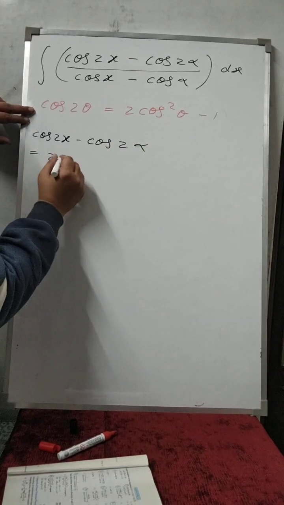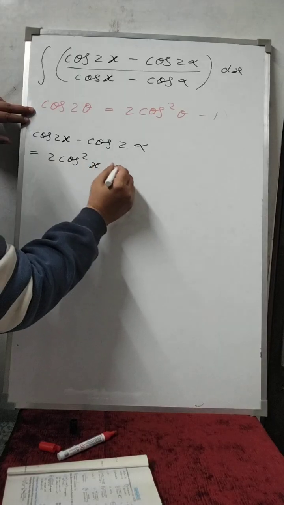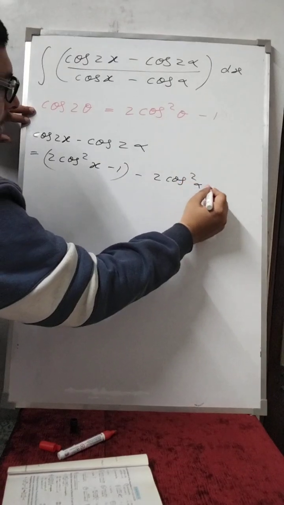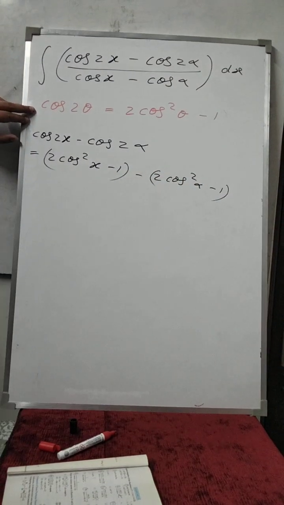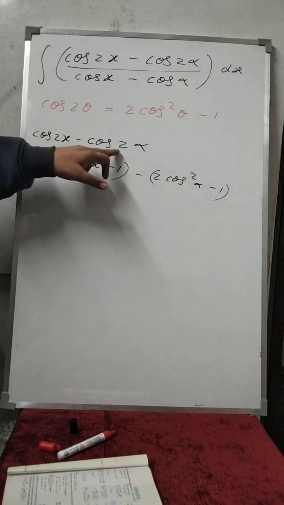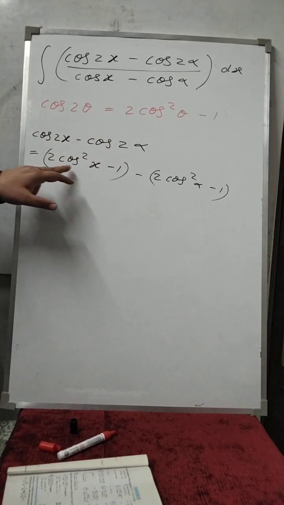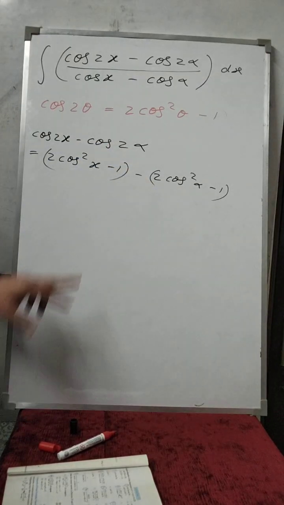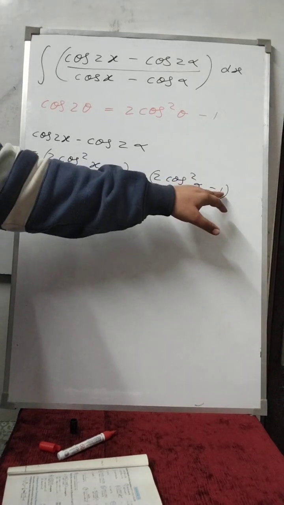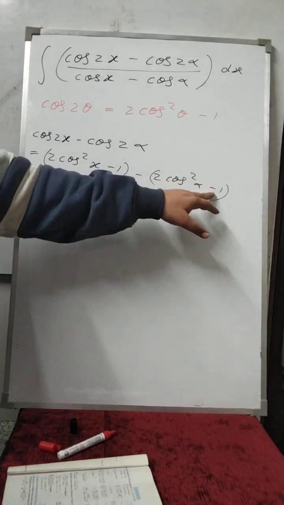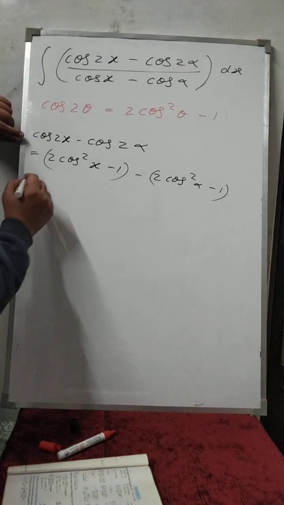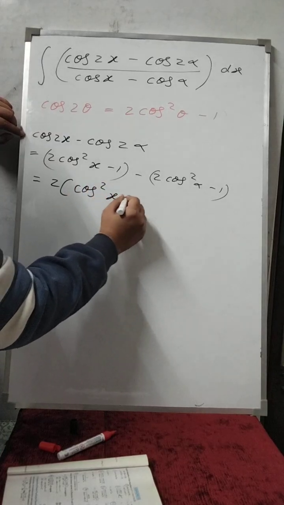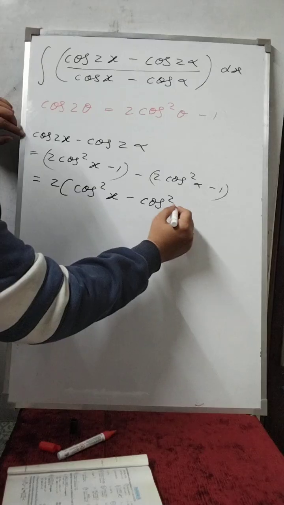It will become 2 cos square x minus 1 minus 2 cos square alpha minus 1, right? Cos 2x I can write as 2 cos square x minus 1. Cos 2 alpha I can write as 2 cos square alpha minus 1. So minus 1 minus minus plus 1. Minus 1 will get cancelled with plus 1. So I will be remaining with 2 cos square x minus cos square alpha.